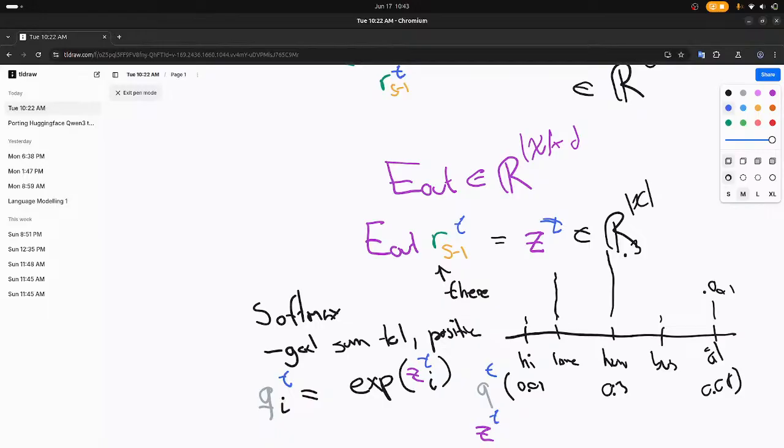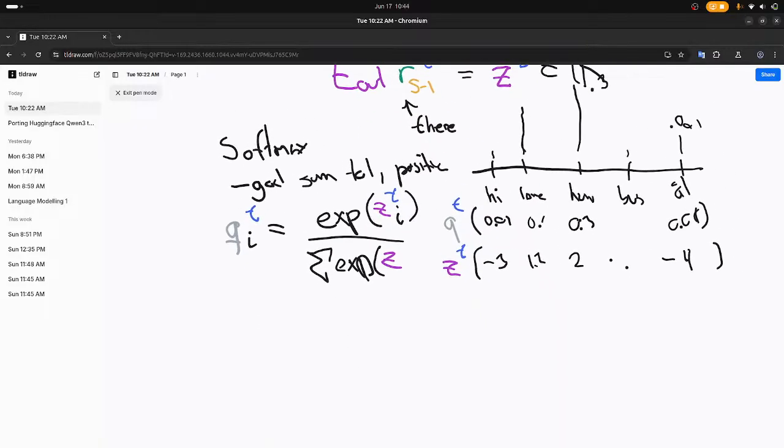That's bad. So I have maybe -3 here, I have 2, I have -4, and love was 0.1, so maybe it's 1.2, etc. I'm just exponentiating them and making sure that they sum to 1, so I also divide by the total of all the things that I exponentiated.